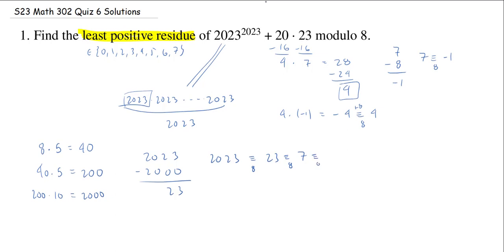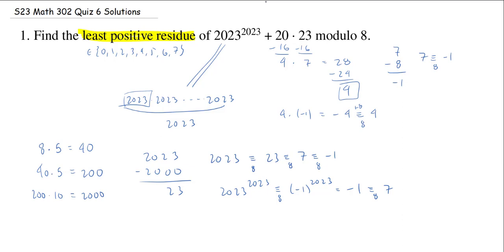What if I replace 7 by -1? Now I know that 2023 to the 2023rd power is congruent, modulo 8, to -1 to the 2023 power. And that's really easy to do. It's -1 to an odd number, which is just equal to -1. But of course I want the least positive residue, so now I'll convert it back to 7 modulo 8.